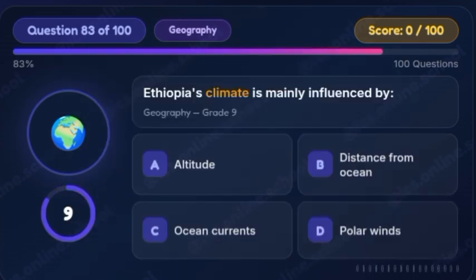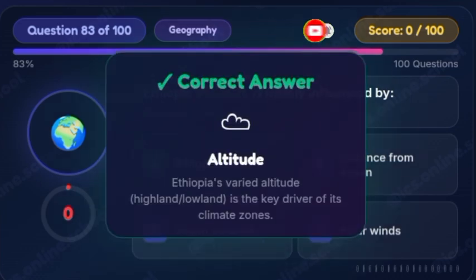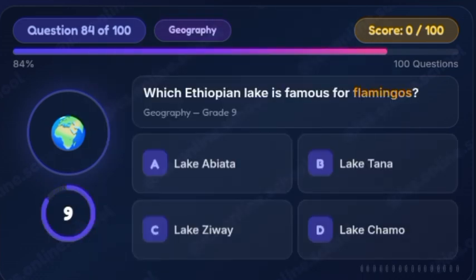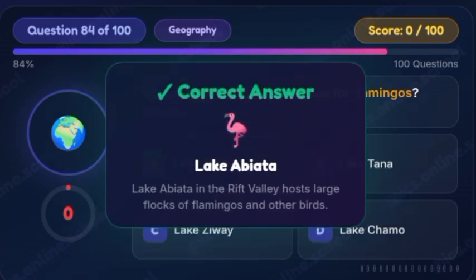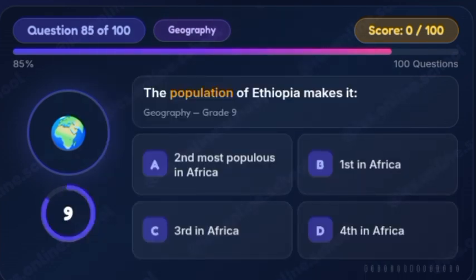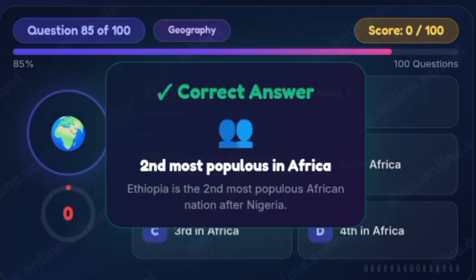Ethiopia's climate is mainly influenced by altitude. Which Ethiopian lake is famous for flamingos? Lake Abijatta. The population of Ethiopia makes it the second most populous in Africa.